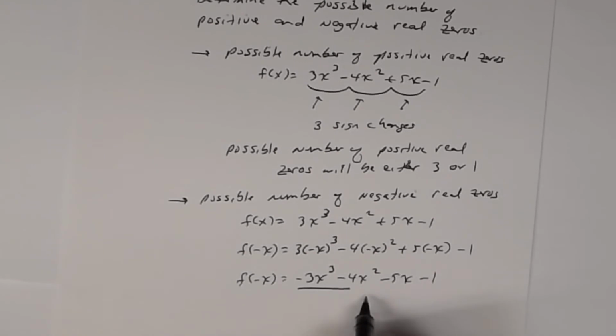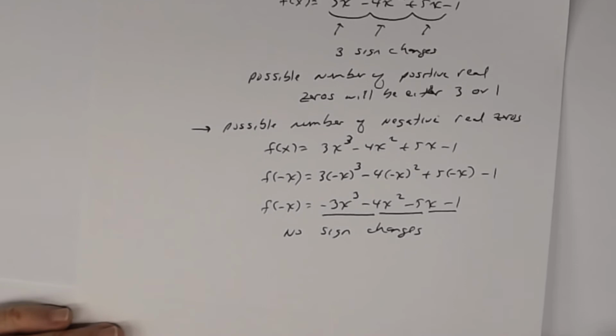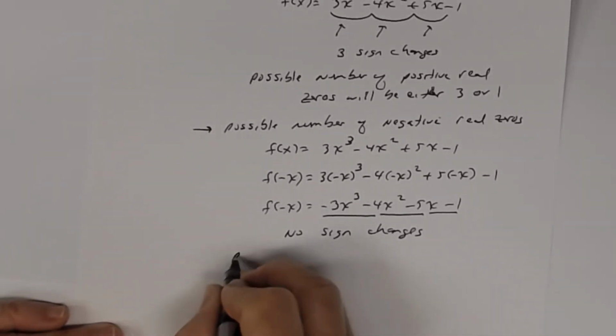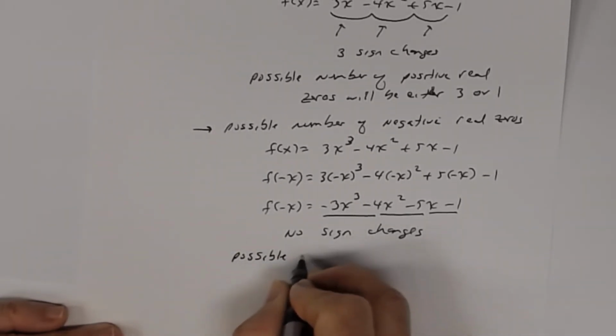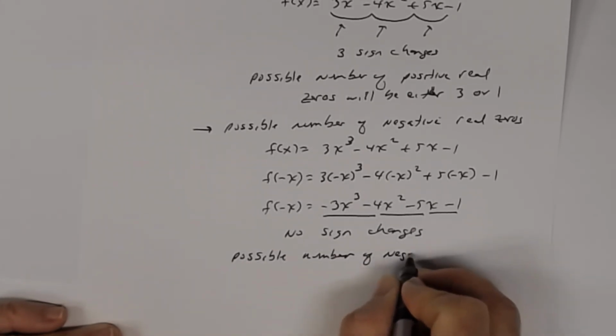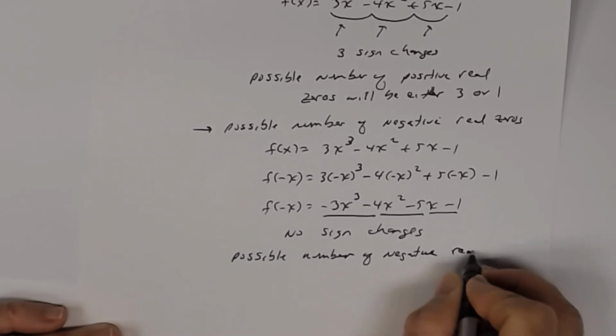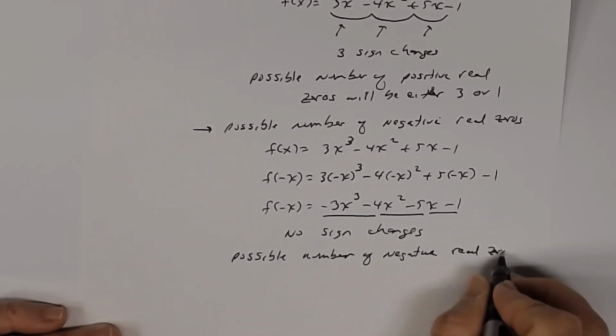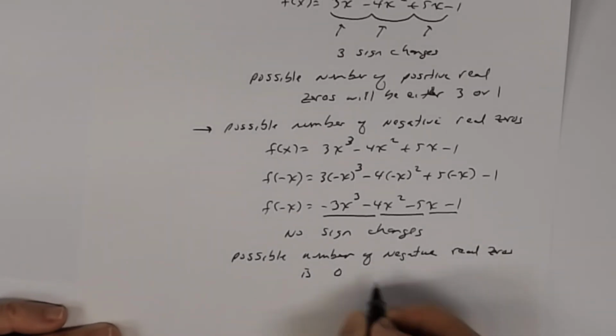Now let's look at the sign changes. Negative to negative, that's not a sign change. Negative 4 to negative 5, that did not change, right? Negative 5 to negative 1, that did not change. So there are no sign changes. No sign changes, right? So what that means then is this: the possible number of negative real zeros is 0.